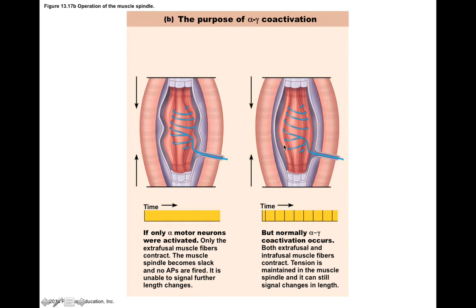Simultaneously, when the gamma motor neurons fire with these intrafusal muscle fibers, it maintains the same amount of tension, or at least close, so that way we can still get some action potential information that's being sent back to the spinal cord that can inform our spinal cord and brain of your muscle's current position or state.